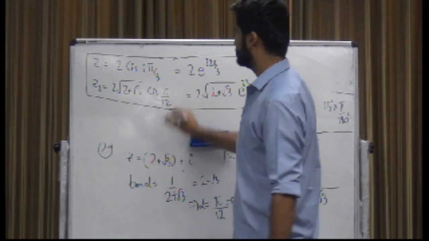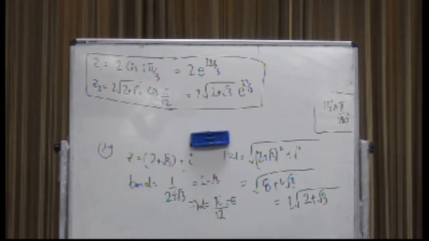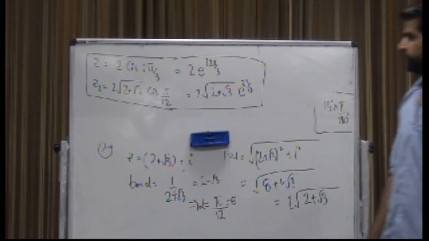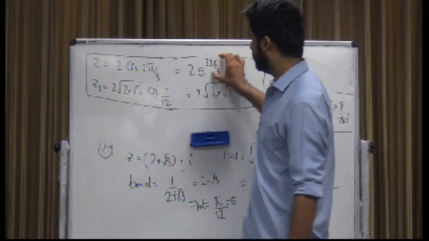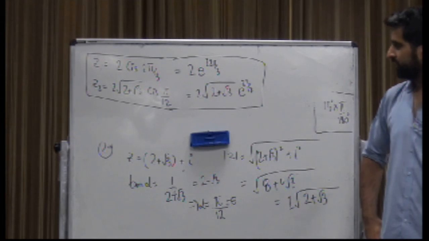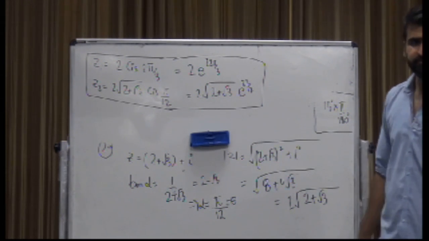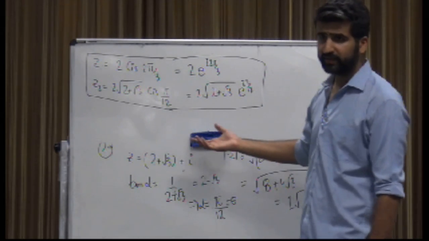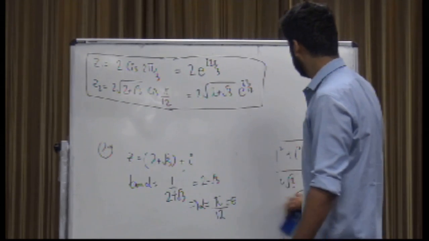So these are the two solutions, two answers. Okay. So you just replace this cis theta with e to the power iota theta. Okay. And I think we did the proof for this last time, right, with the help of expansions.